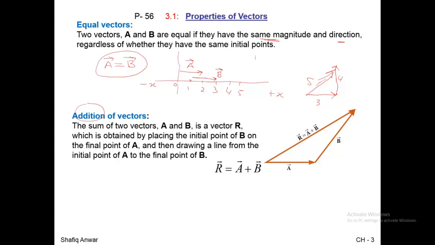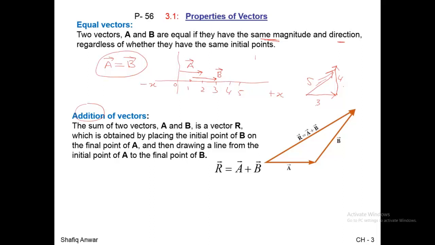We use the Pythagoras theorem: the square root of 3 squared plus 4 squared equals 5. So keep in mind that adding two simple numbers and adding two vectors are entirely different things.